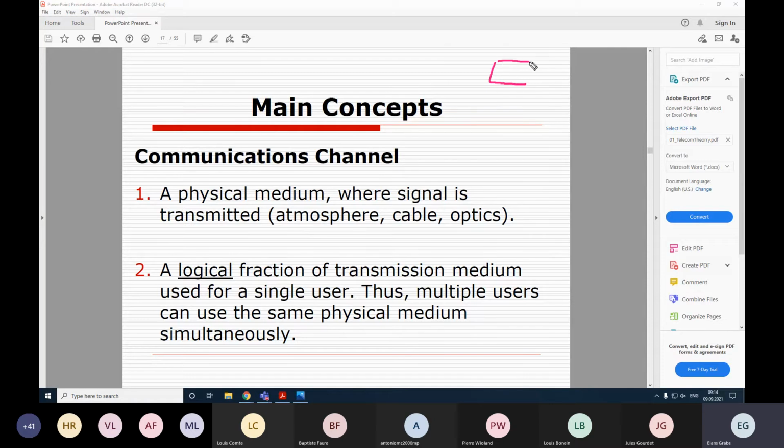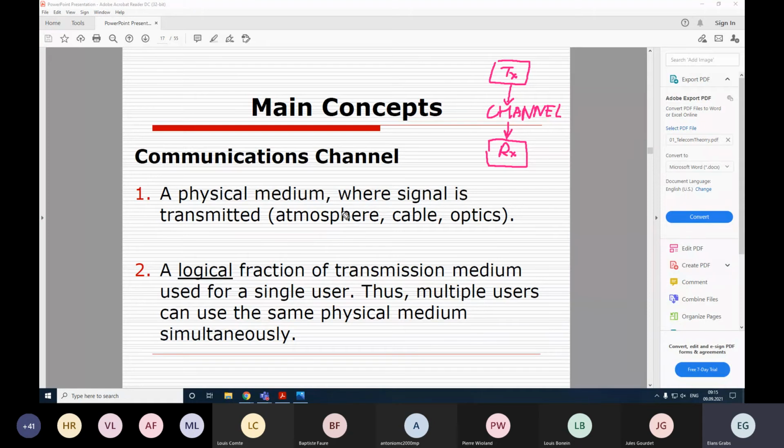So between our transmitter and receiver, there is a communications channel. Yes, here we have the channel. And as I was pointing out in our example right before, five minutes ago, this channel can be different.